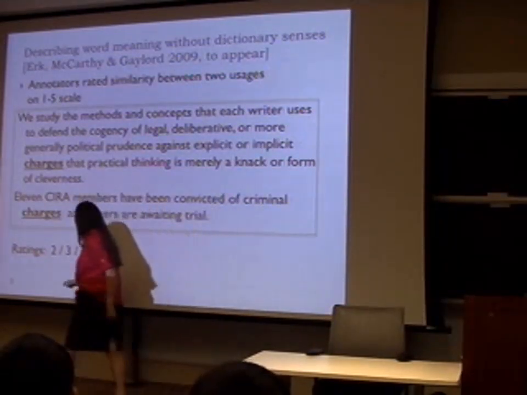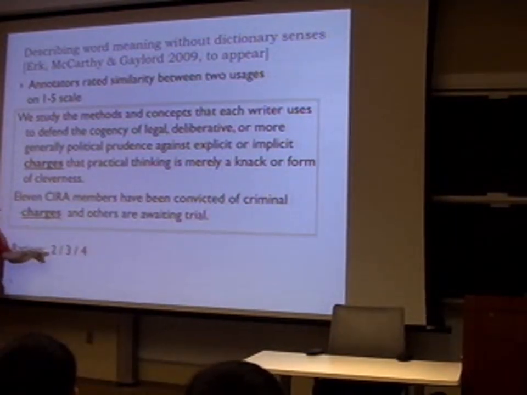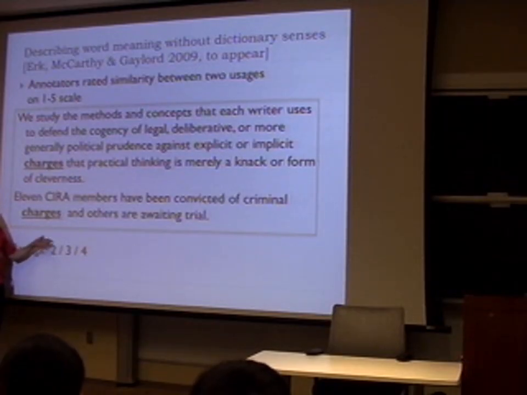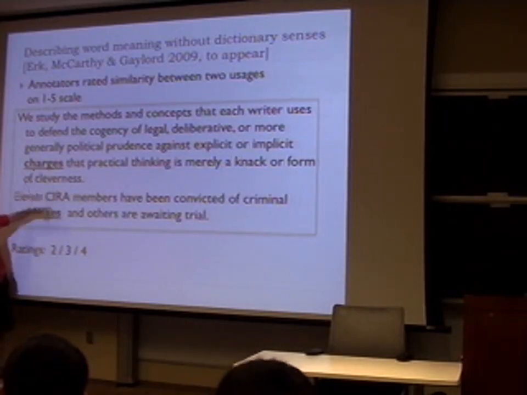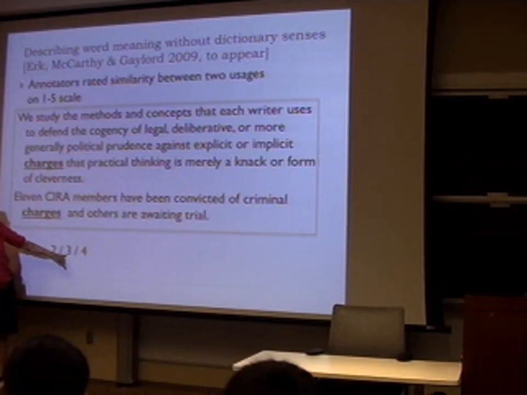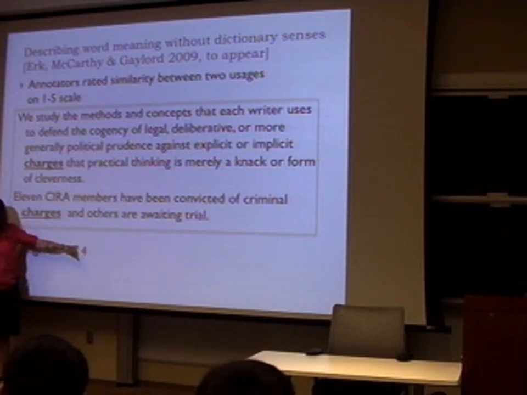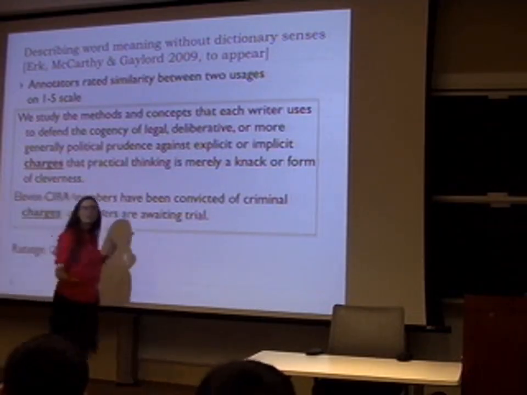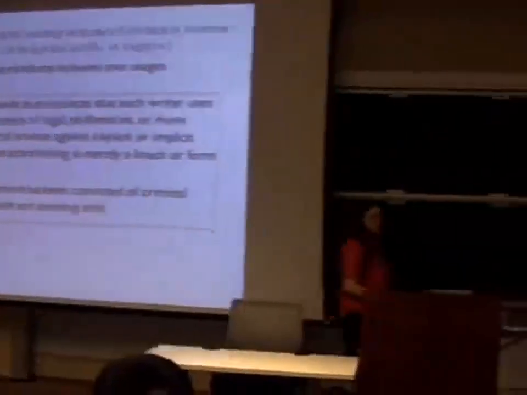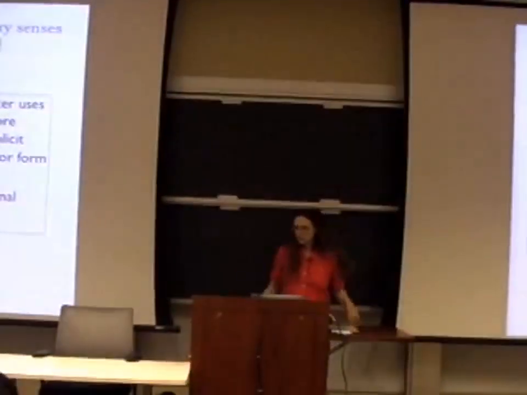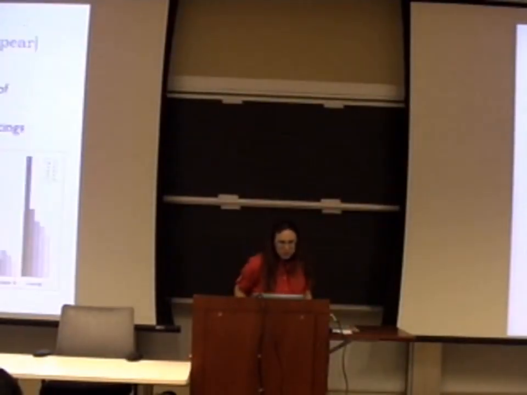And 3 annotators again. 1 annotator gave a rating of 2, so these 2 uses are somewhat similar, but still mostly different. So 2 was mostly different, 3 is similar, and 4 is highly similar. So you can see, on average, the annotators thought these 2 uses to be kind of medium similar.